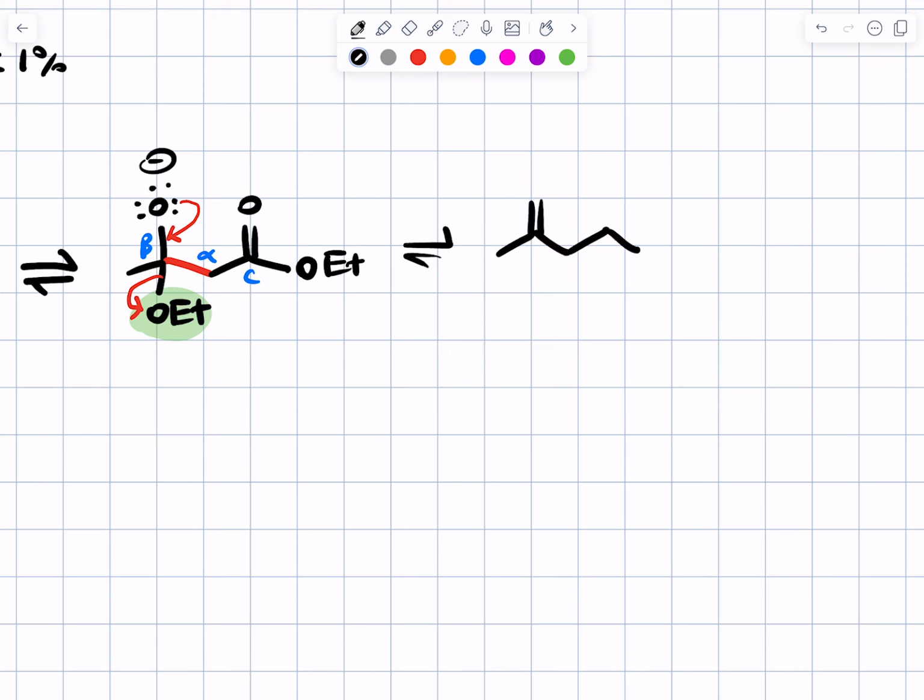And we make this beta keto ester. This is no longer a beta hydroxy carbonyl compound. It's a beta keto ester.